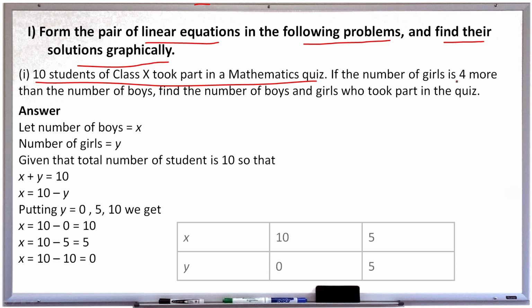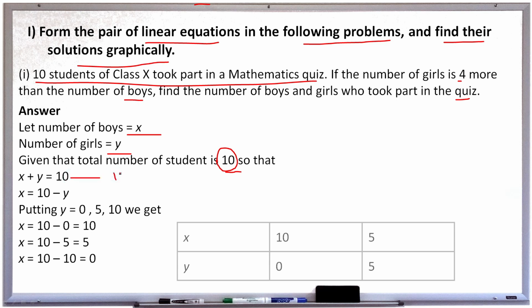If the number of girls is 4 more than the number of boys, find the number of boys and girls who took part in the quiz. Let the number of boys be x and girls be y. As per the sum, the total is 10 because 10 students took part in the competition. So x plus y is equal to 10.